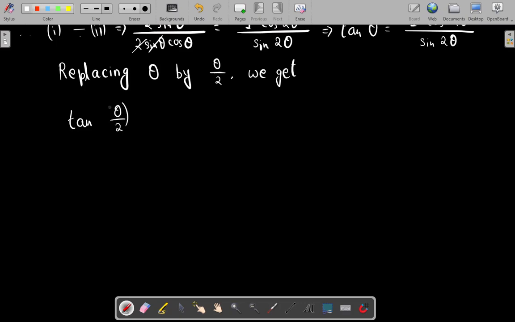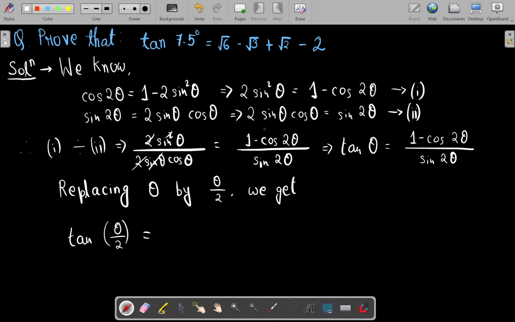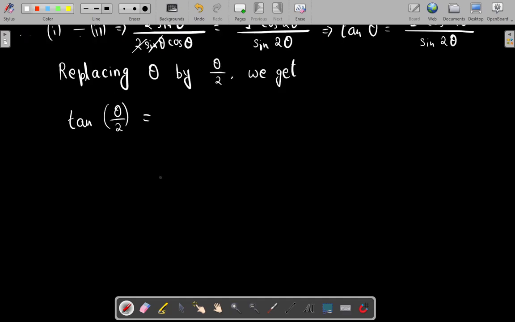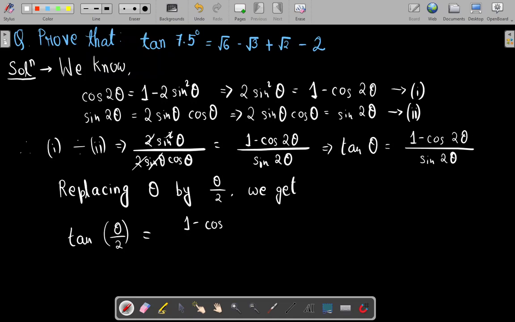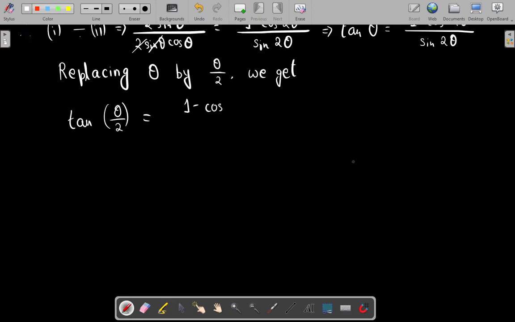If theta is replaced by theta upon 2, then twice theta becomes 2 times theta by 2, which becomes theta. So here we get 1 minus cos of theta, since 2 times theta by 2 becomes theta, upon sine theta.